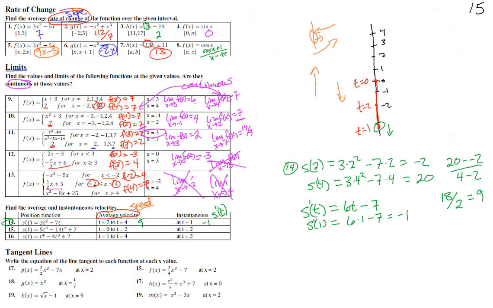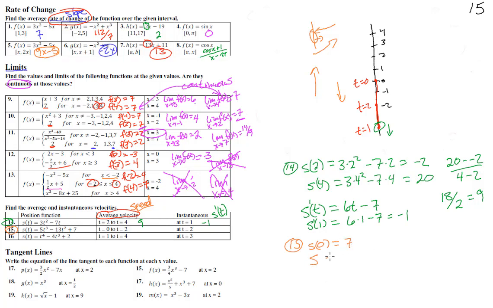Okay, number 15. Here we have, we'll do it in this orange color so we can see that. So we're going to do s of 0 gives us 0 minus 0 plus 7 is 7. Good.